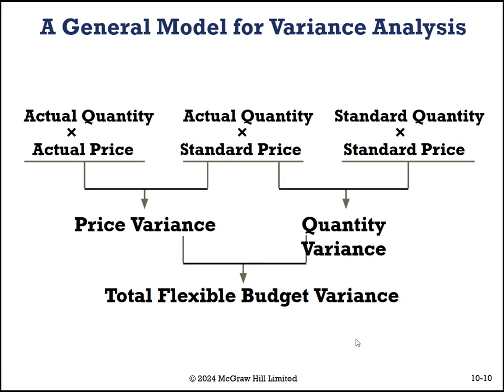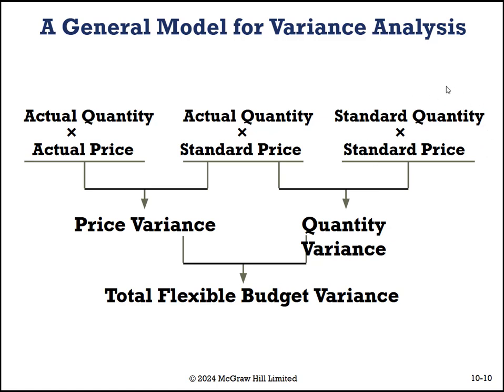So put another way, we are going to be looking at this model for variance analysis, and this model will actually drive our equations. If you understand how this model works, this will actually be driving the equation. So one can be built from the other and vice versa. So the actual quantity, you'll see right here. First, if you zoom out, you'll notice that this is what actually happened.